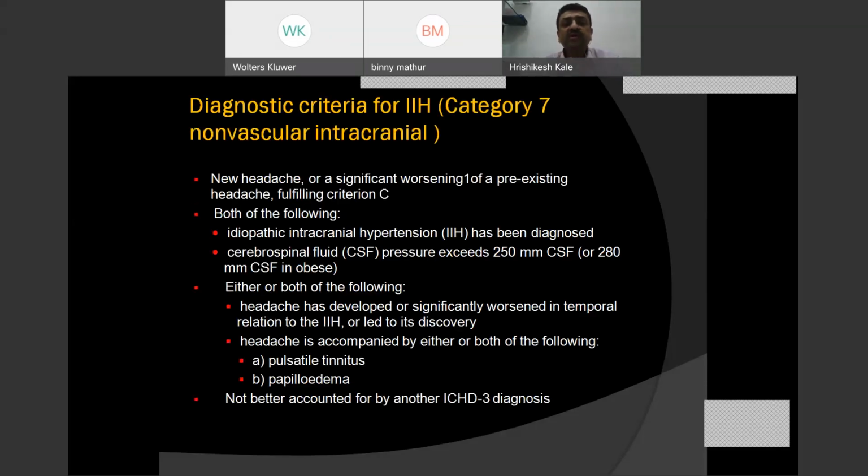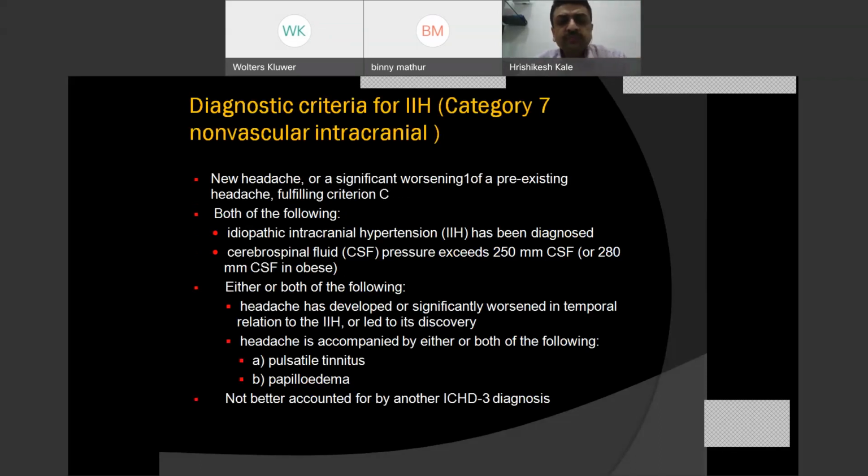So what are the diagnostic criteria for IIH? The diagnostic criteria include new headache or significant worsening of a pre-existing headache, again fulfilling the criteria C, which we have seen before.